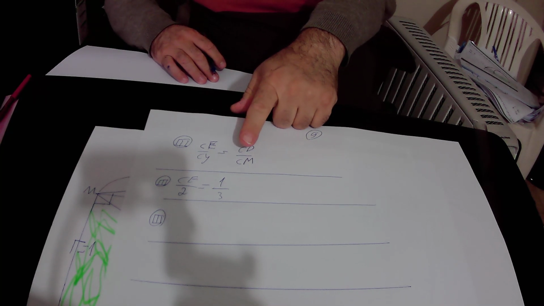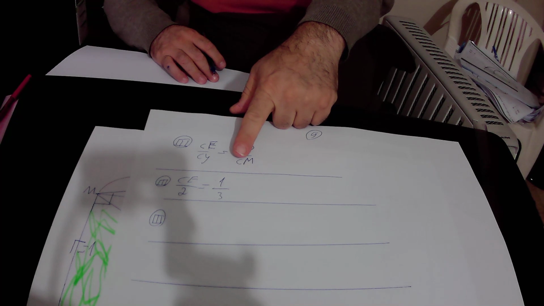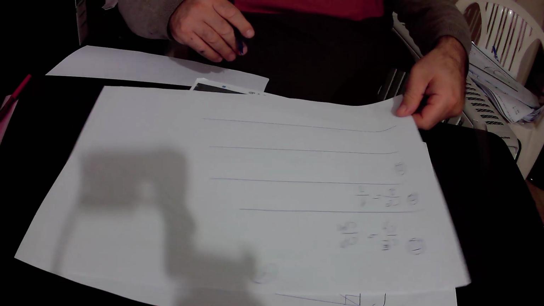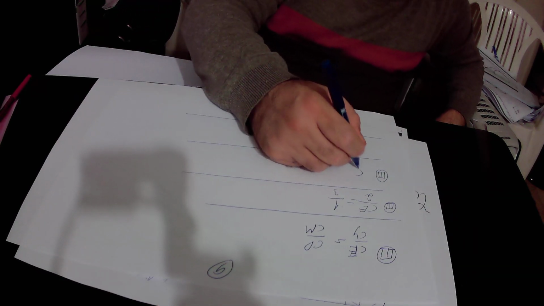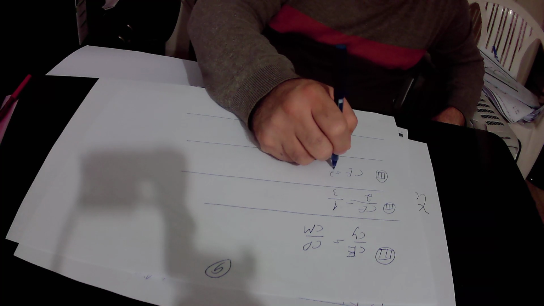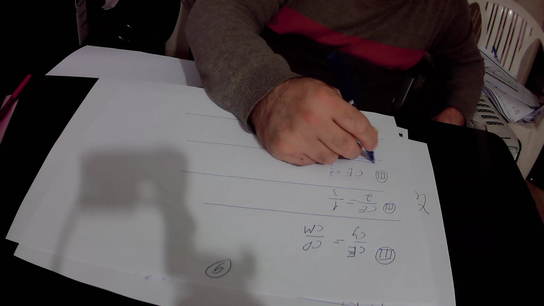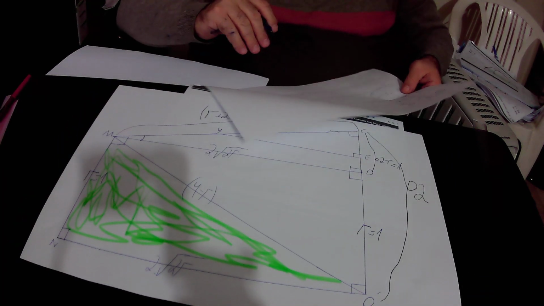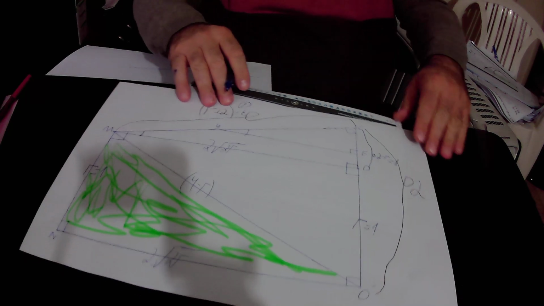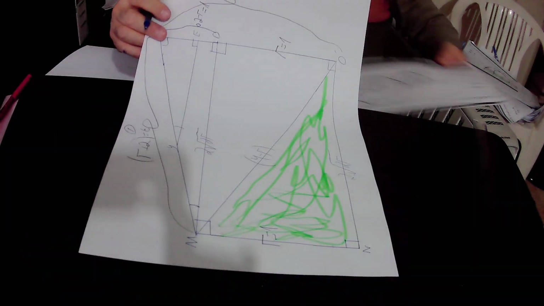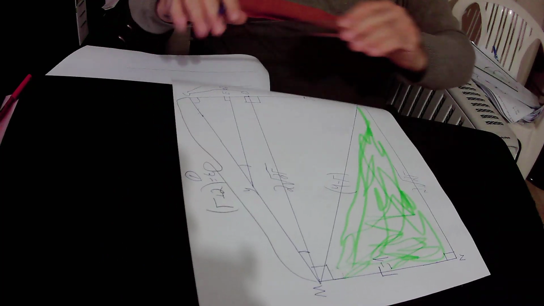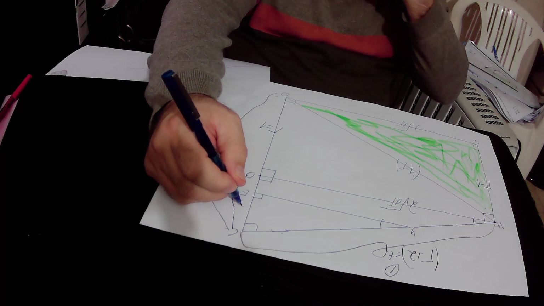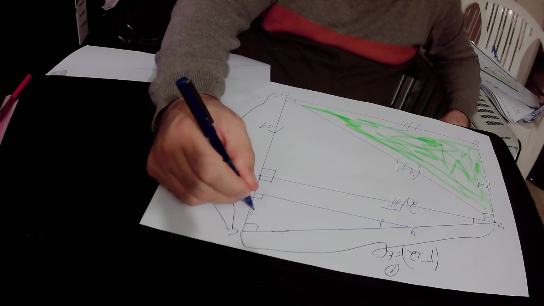Here we'll multiply this equation number 3 by 2, and we will get that CE equals 2/3. CE equals 2/3.